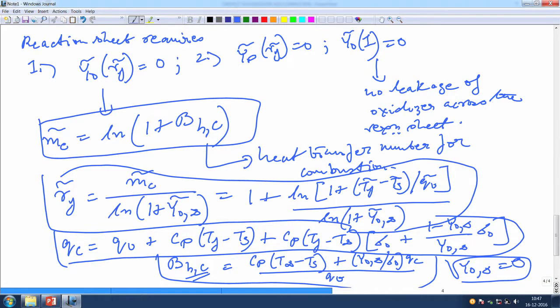All these expressions will boil down to the pure vaporization case. You can look at it and you can see why that should be the case. Let us take the first expression. If you look at the first expression, it boils down to the pure vaporization case, because BCH will be the same as the pure vaporization Spalding heat transfer number, right.